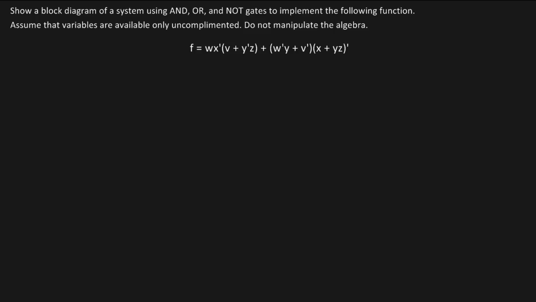We also have to assume that the variables are available only uncomplemented, so just as themselves, and we're not allowed to simplify the algebra. So, kind of a challenge, but I'm not going to back down from that.